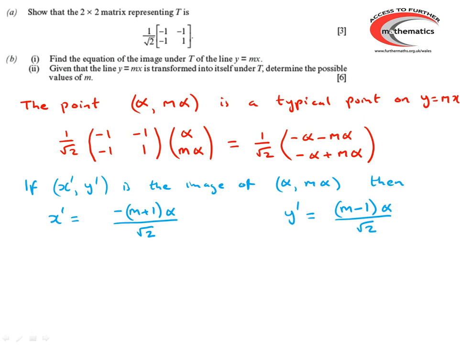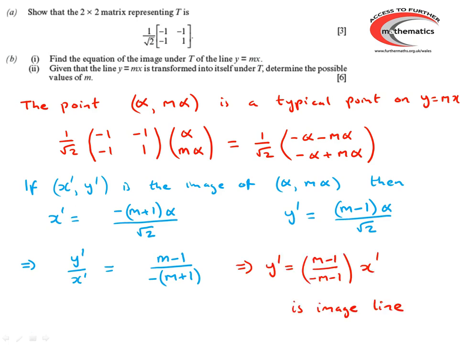But what we really want is the equation of the image line. So we need to eliminate the parameter. We need to eliminate alpha from these two equations that we've got. And that's done fairly easily. If we take the equation for y dash and divide it by the equation for x dash, we're going to obtain y dash divided by x dash is m minus 1 divided by minus m minus 1.